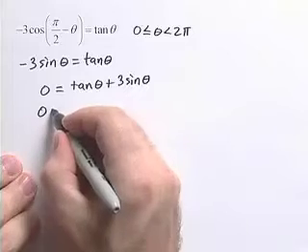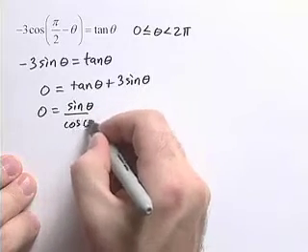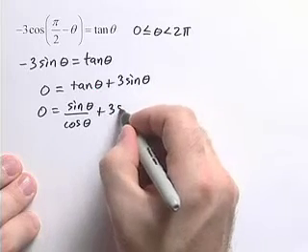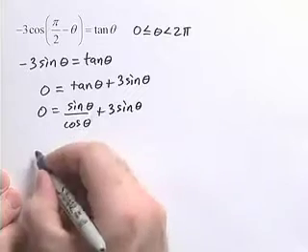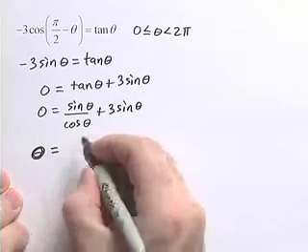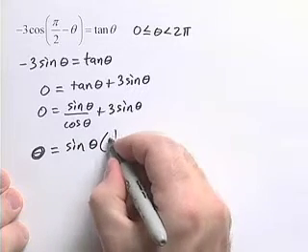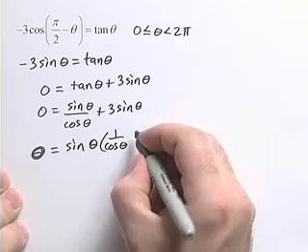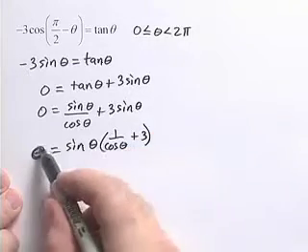We're going to rewrite tangent as sine of theta over cosine theta plus 3 sine theta. Here we can factor a sine theta out. 0 is equal to sine of theta times 1 over cosine theta plus 3. We're going to set each one of these factors equal to 0.